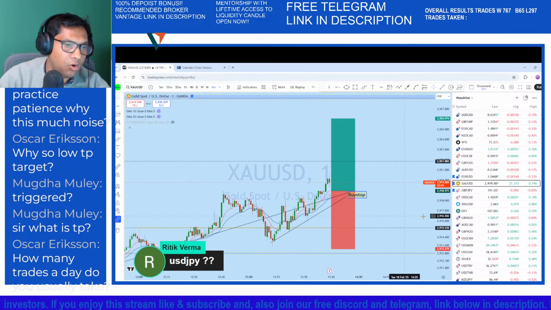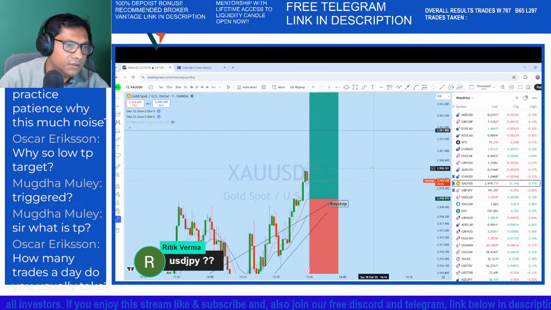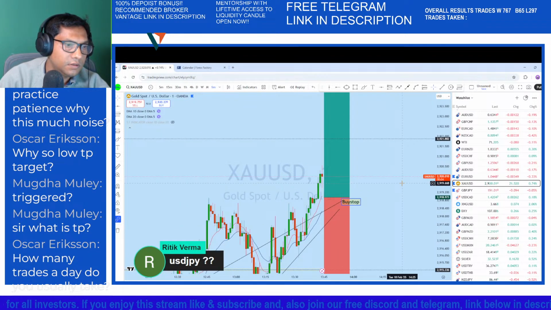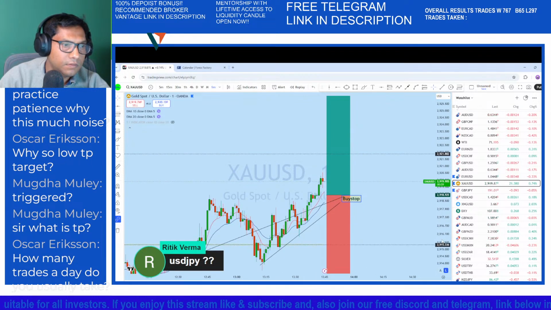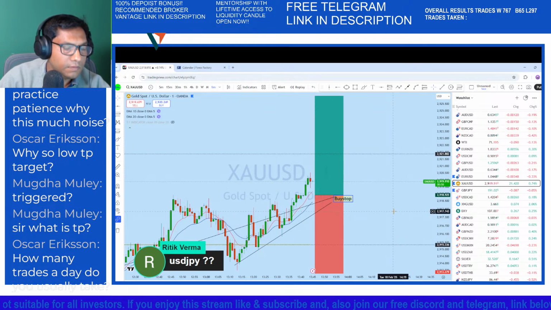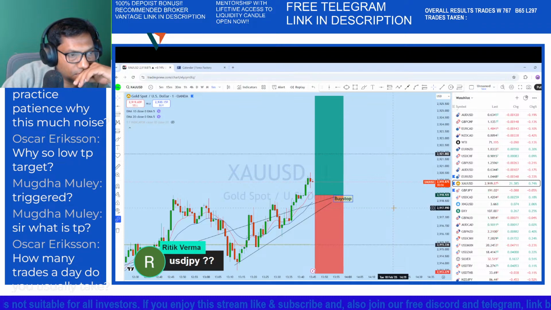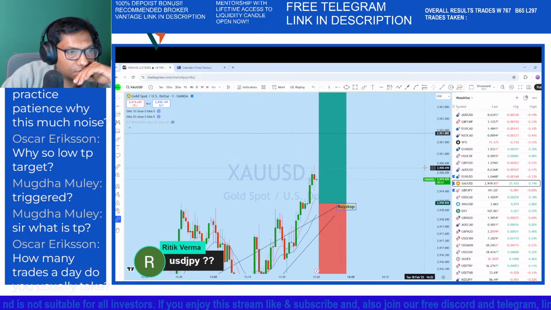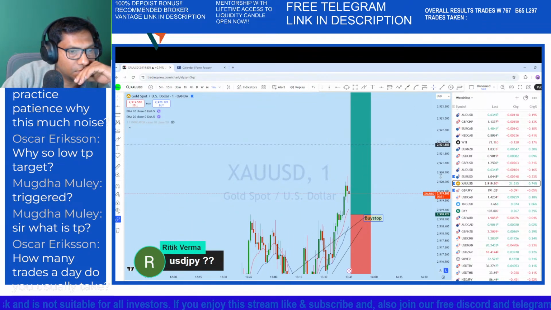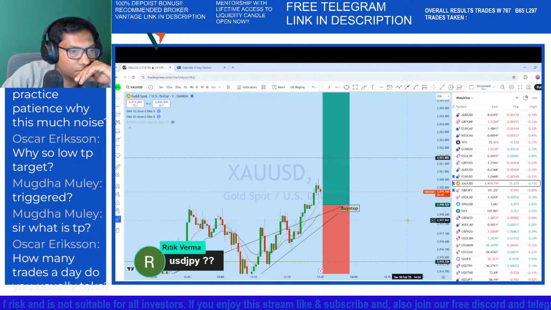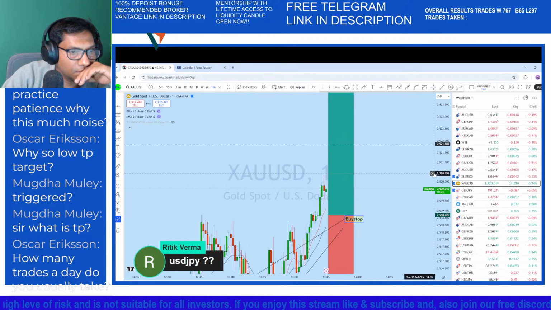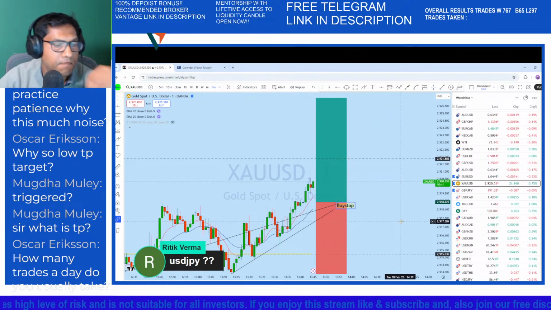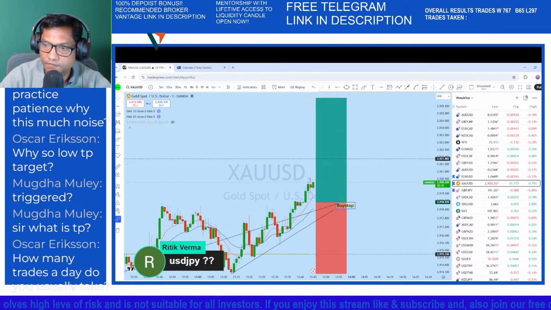We see that a long wick candle in that area. Okay, bullish price action.